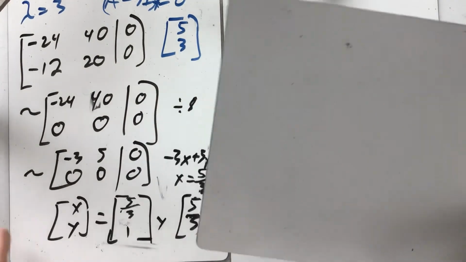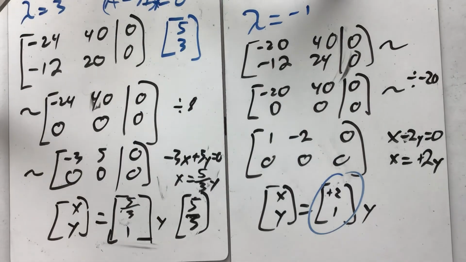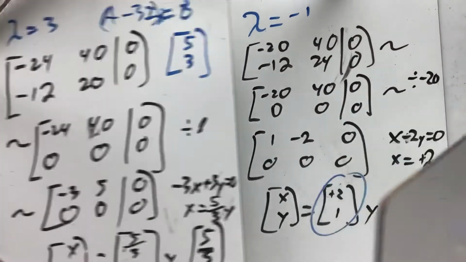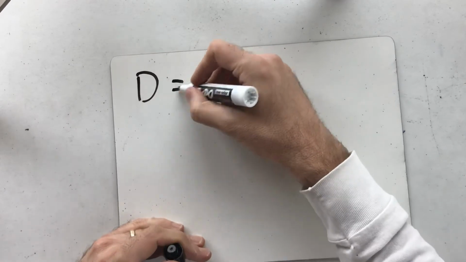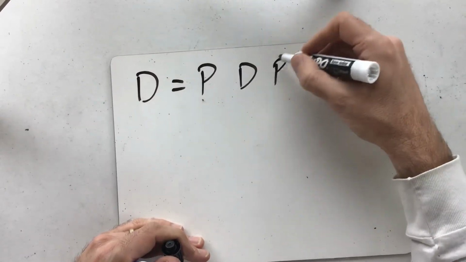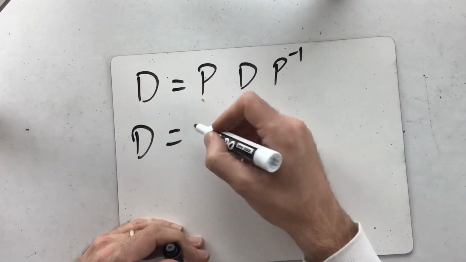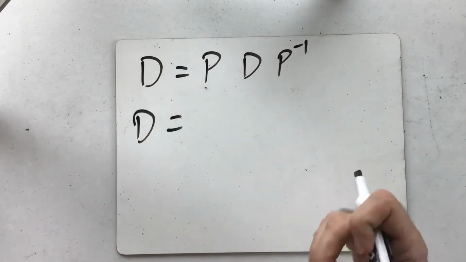So what is my diagonalization? Well, my diagonalization is what I get when I write P, D, P inverse. But my P is just made up of those 2 eigenvectors.